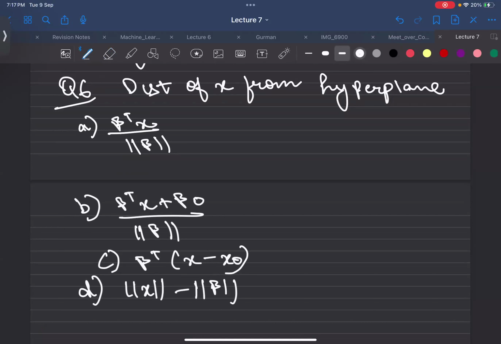What is the answer of the 6th? Come on, everyone. Someone is saying B, someone is saying C, someone is saying A also. Can whosoever has given A, B, C tell me the justification behind that?